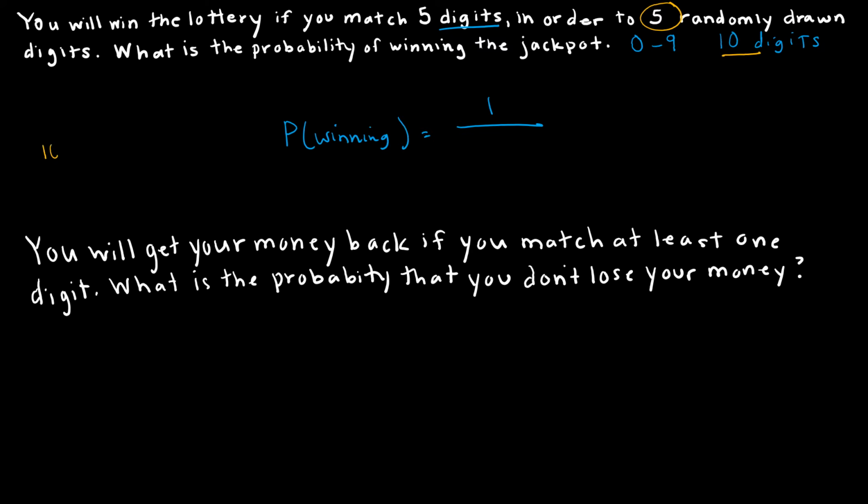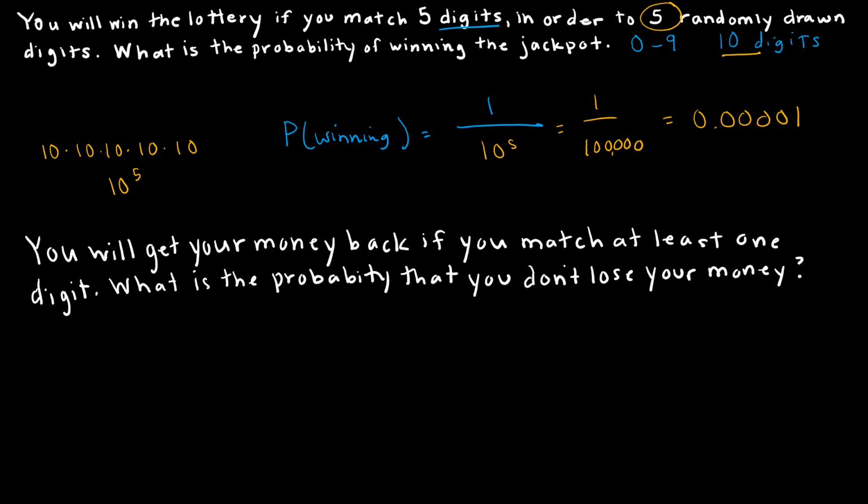So it's 10 digits for the first draw, 10 for the second, 10 for the third, 10 for the fourth, 10 for the fifth, or just 10 to the fifth, which is the easiest way to write that. So it's 1 over 10 to the fifth, which turns into 1 over 100,000, or as a decimal, 0.00001. So 1 in 100,000 that I will win.